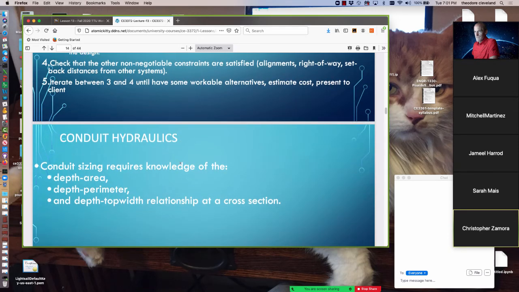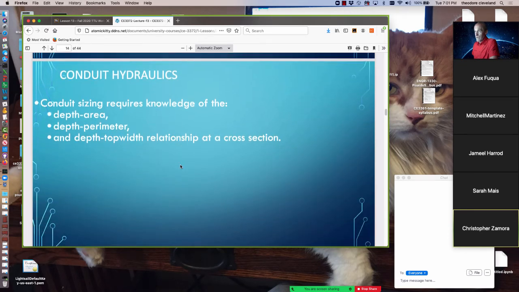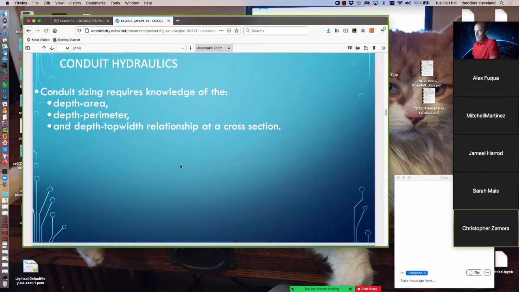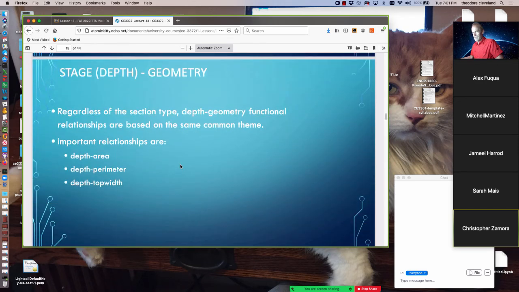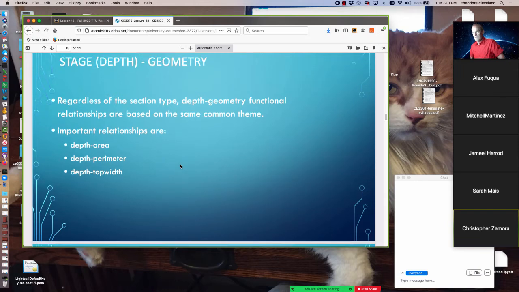Those 5 steps are obviously hiding a lot of work. So the hydraulics of conduits requires the knowledge of depth-area, depth-perimeter, and depth-top width relationships at a cross section. And so let's take a look at those coming up shortly on the guitar.